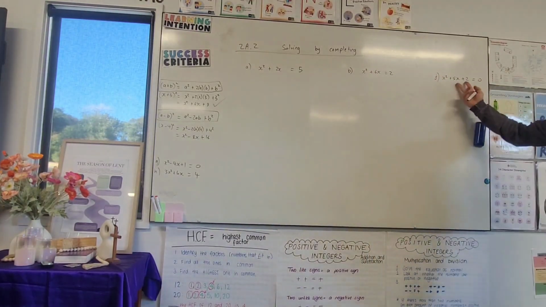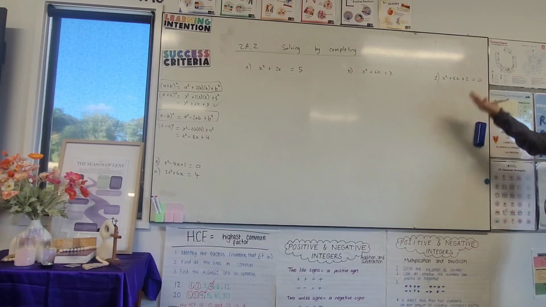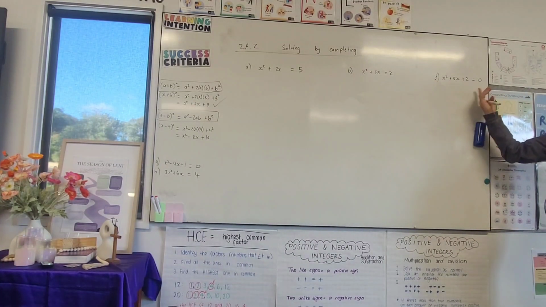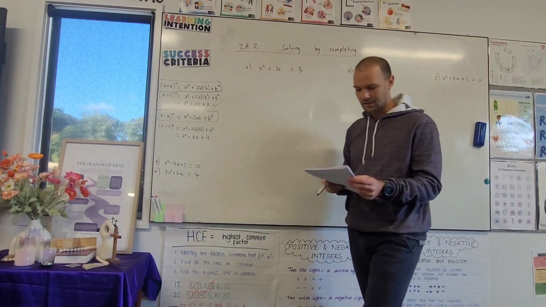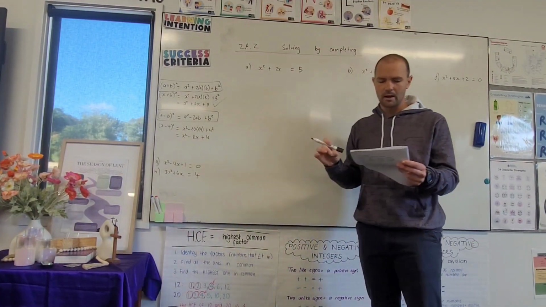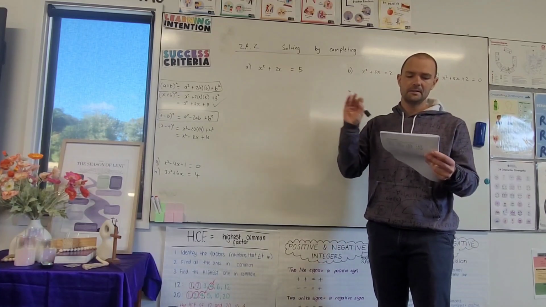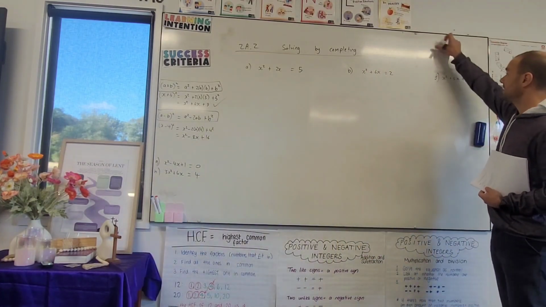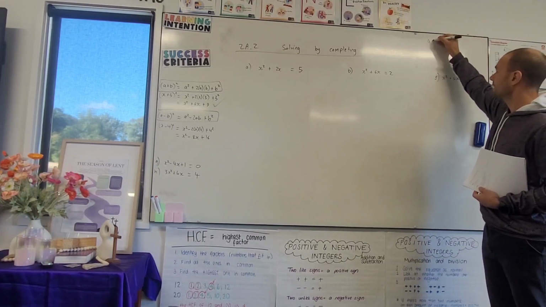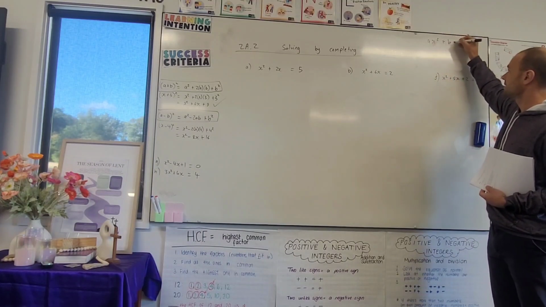Over here, we're going to need to move that number over to the right-hand side. Step 2, complete the square by adding b divided by 2 squared to both sides. Now I need to explain what b is. When we have a quadratic, generally it takes this form.